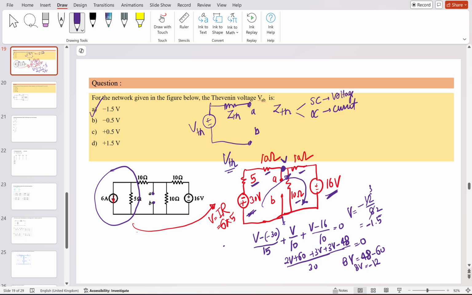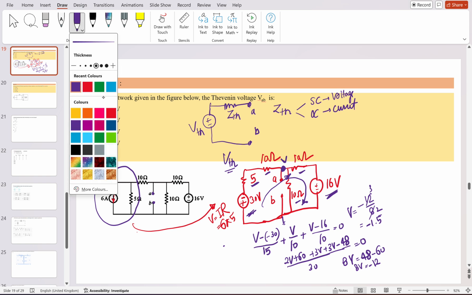If resistors are in series, you can apply it. But if resistors in series have a voltage source, you cannot apply the voltage division principle there.